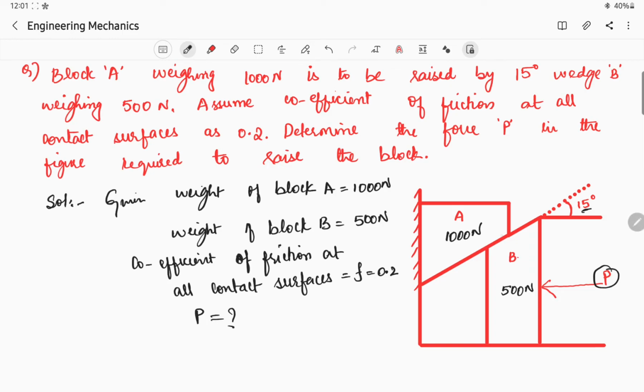The 1000 Newton block A seems to be independent, isn't it? Why? Because block A is resting on block B. So we'll take down block A first, calculate all the reactions and forces coming from the walls and surfaces acting on block A, then we'll move on to the next block, that is block B. Fine.